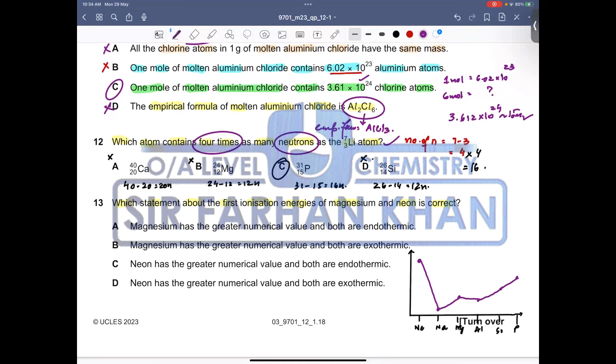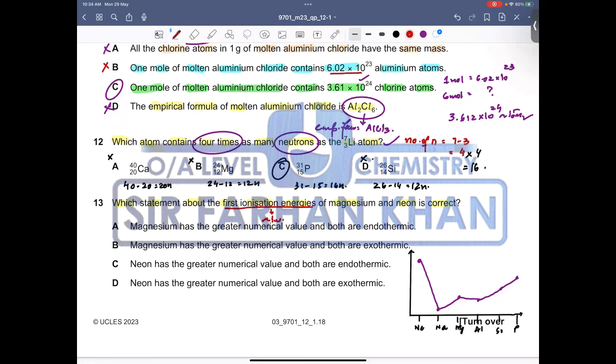So one thing is certain in this sketch, that ionization energy of neon should be greater than magnesium. Okay. One thing is certain. Second thing, examiner is asking about the first ionization energies, right? And ionization energy is basically the absorption of energy for the removal of electron.